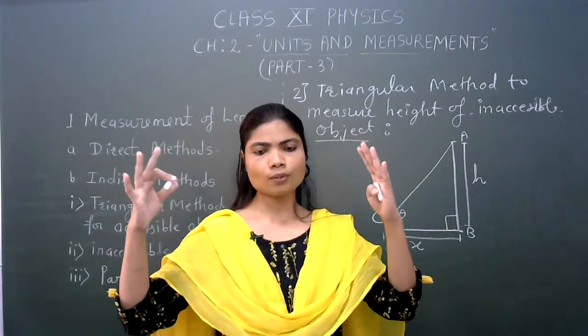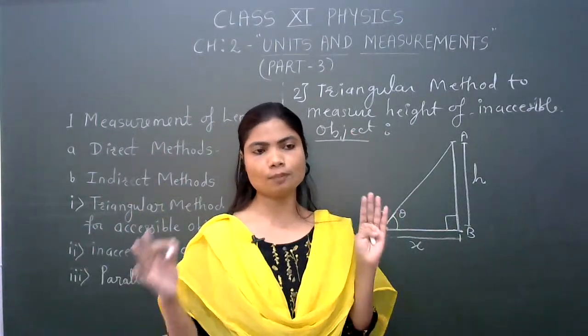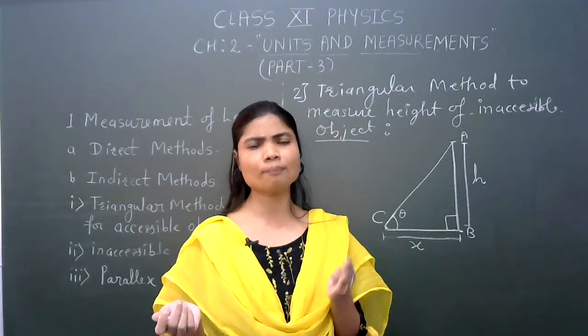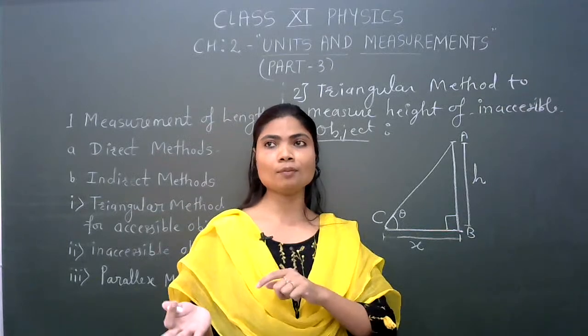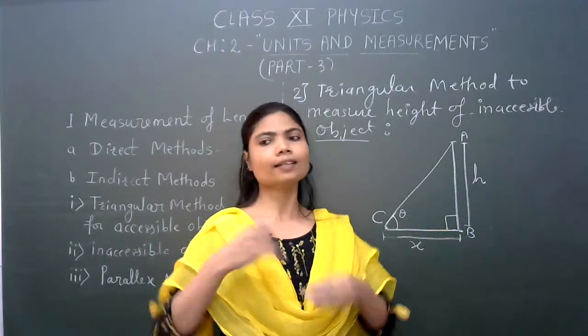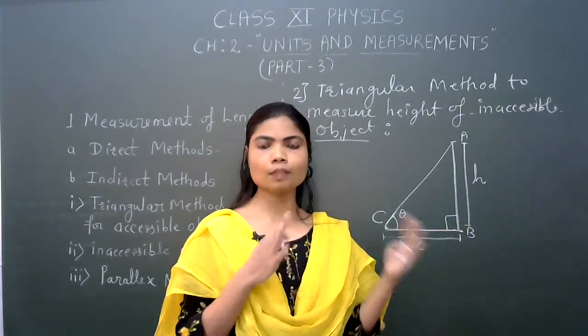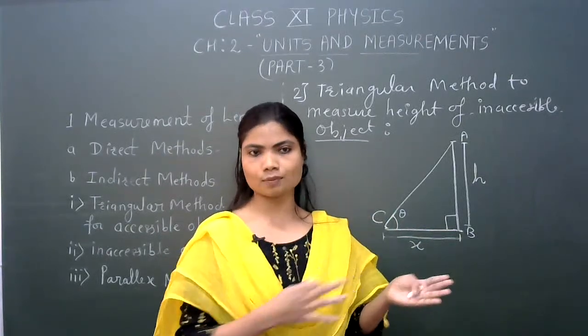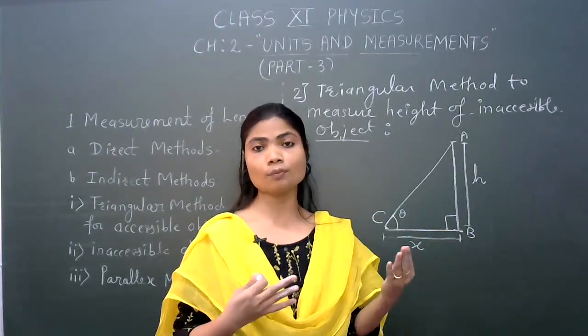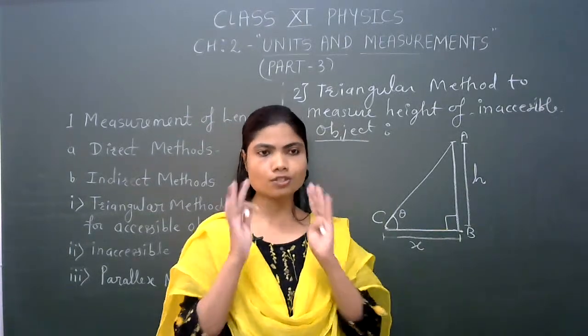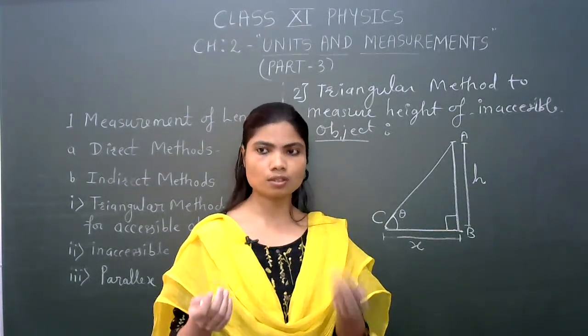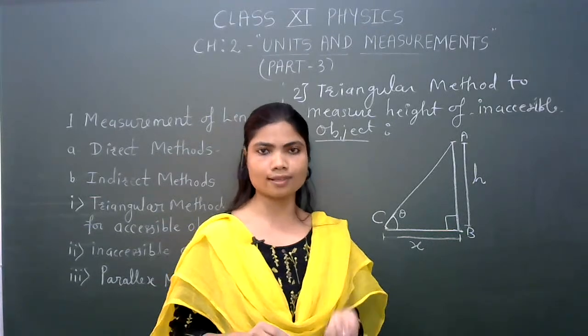You cannot find out the width of that mountain, and thereby it is considered to be inaccessible. Or a tree, but if I am talking about the shadow of the tree, then again it will be considered inaccessible, because now you cannot measure the shadow for the tower as well, right? So logically you have to understand which method you are going to use to solve this, right?